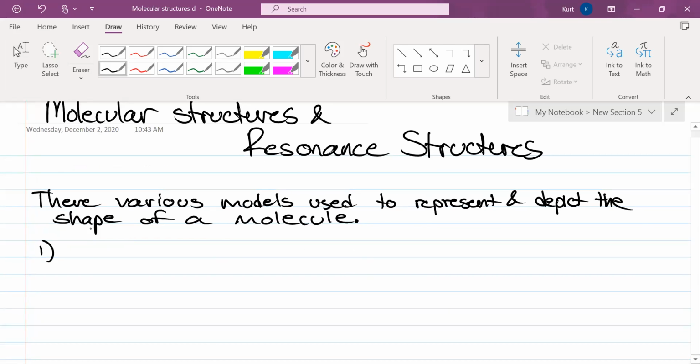First one is you could just have the molecular formula. So let's say I want to do phosphorus trihydride, PH3. That would be the molecular formula.